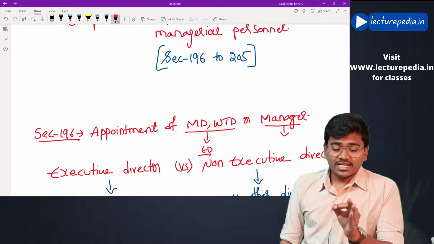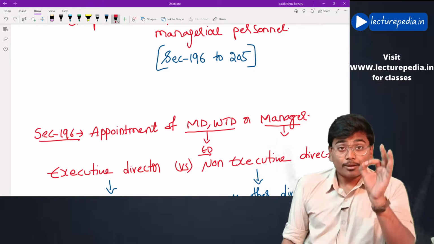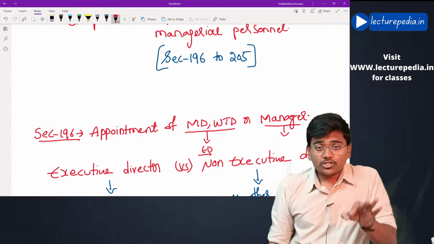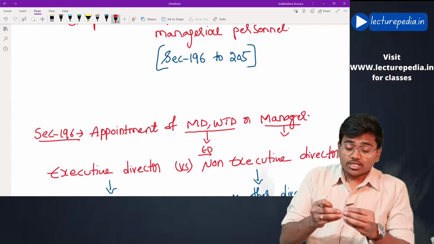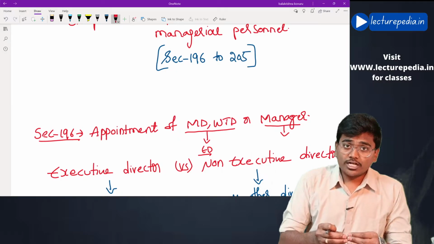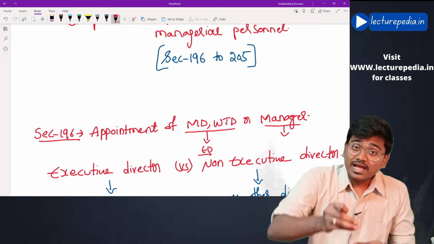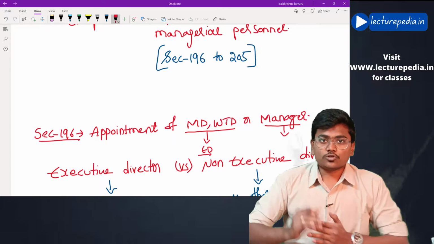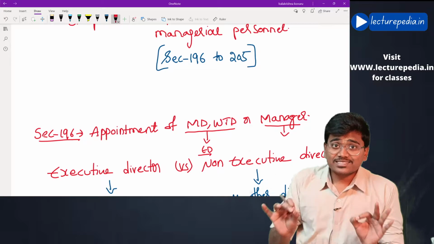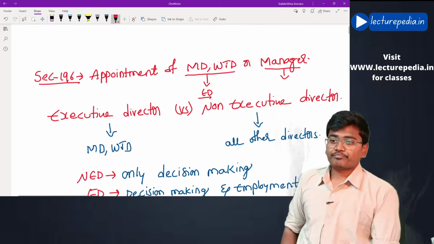Okay, manager is not an executive director, but for appointment of manager, section 196 has to be followed. Okay, the process that is required for appointment of executive director has to be followed even for the appointment of this manager also. Hope that is clear. But manager is not an executive director.